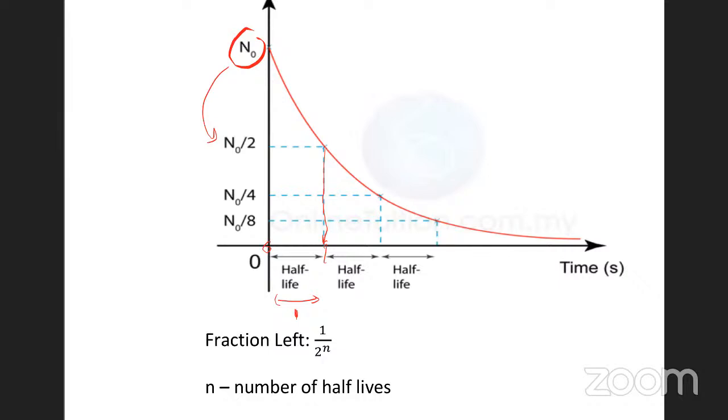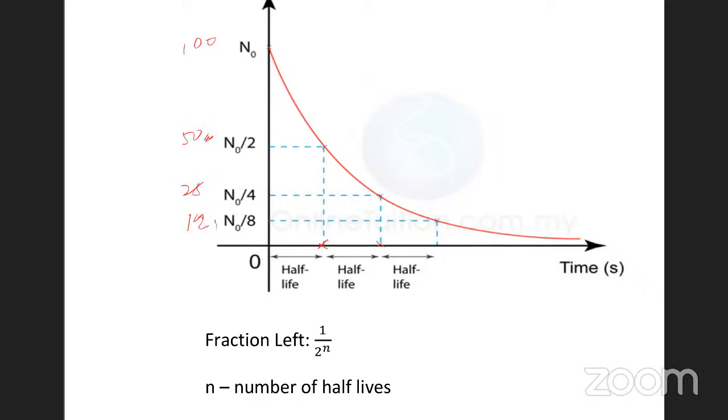Then you do it again. You find half of this, which is this, come across here, and take your second half-life reading. But watch this: when you get this reading, you're not subtracting from 0. You're subtracting from the value that was double it. For example, if here's 100, here's 50, here will be 25, here will be 12.5.